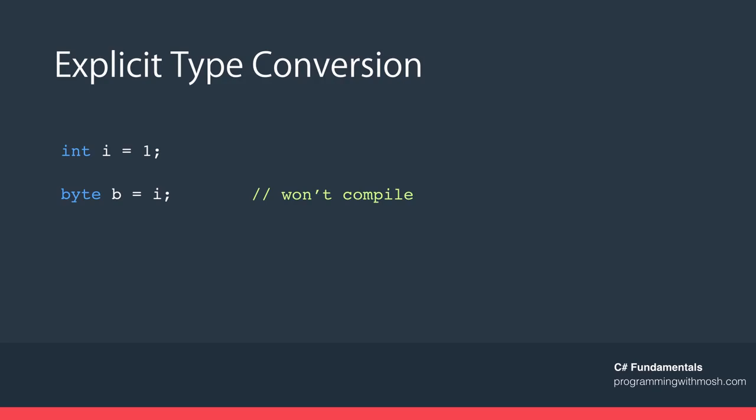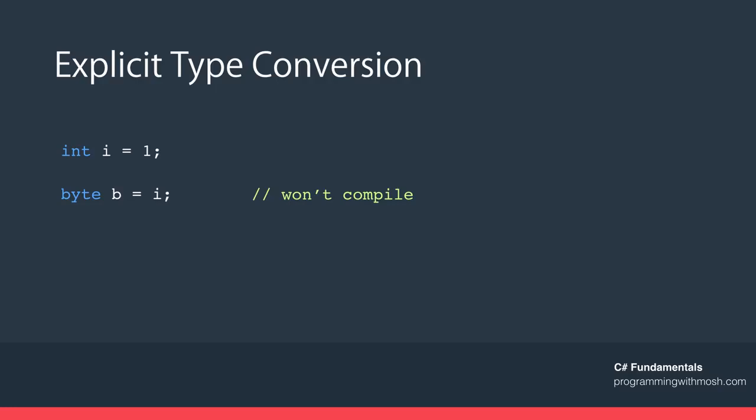Now, data loss doesn't always happen. It only happens if the value we stored in the integer is beyond the capacity of a byte. In this example, 1 can be stored in a byte, so no data loss will happen. But if we had, let's say, 300 here, we cannot store 300 in a byte. So as a result of that conversion, data will be lost.